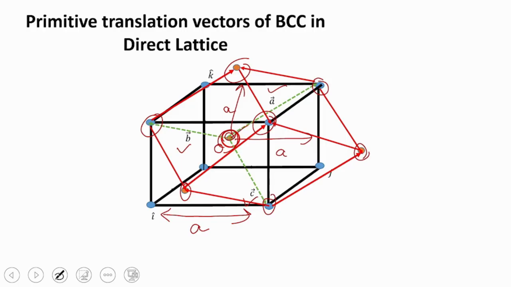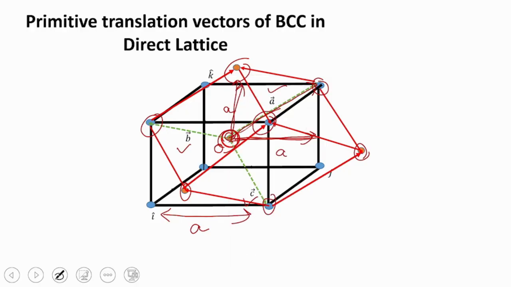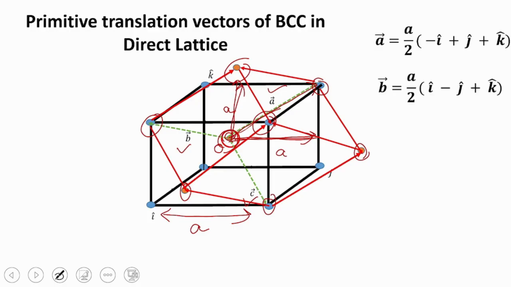So for the A vector, we have to move halfway along the y-axis, halfway along the z-axis and halfway along the negative x-axis. So the expression for the A vector will come out like this. And if you remember, this is the same expression that we got for the A star, that is the reciprocal lattice vector for the FCC lattice. Similarly for B vector and C vector.